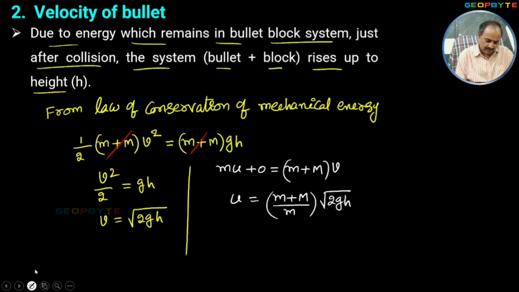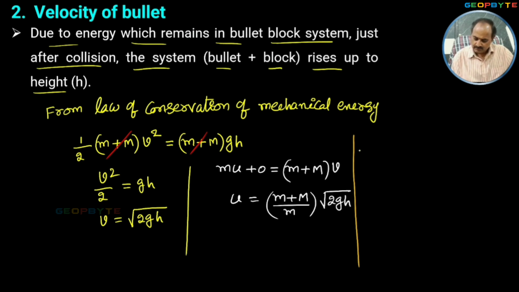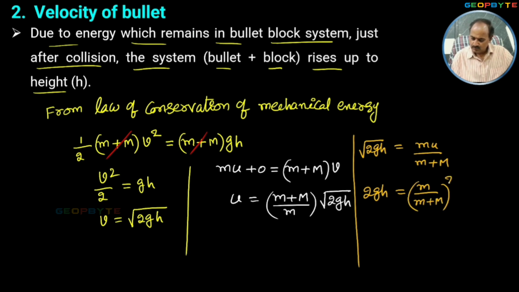From this, I can also decide the height of rise of the whole system. Root 2gh equals mu by small m plus capital M. Squaring on both sides, 2gh equals small m by small m plus capital M whole square into u square.